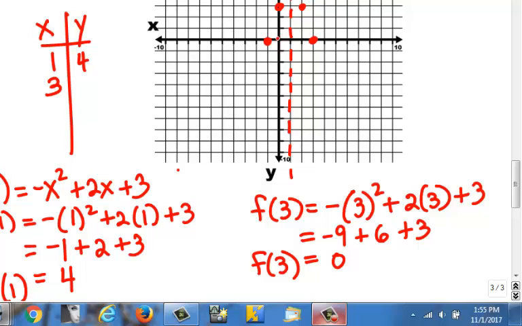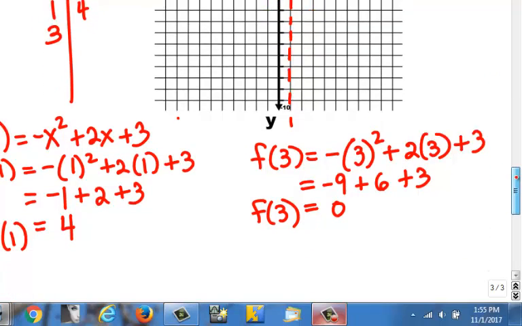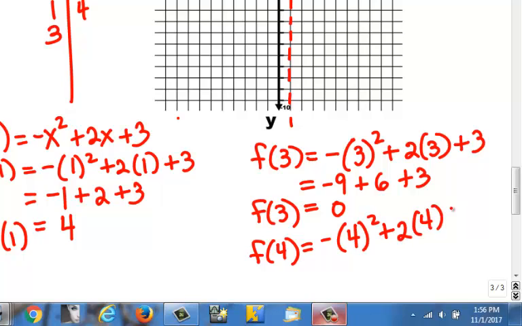Let's go 5. Well, 5 might be too much. Let's go 4. If you did f of 4, it'd be negative 4 squared plus 2 times 4 plus 3. 4 squared would be 16. That'd be negative 16 plus 8 plus 3, negative 8 plus 3, which is negative 5.